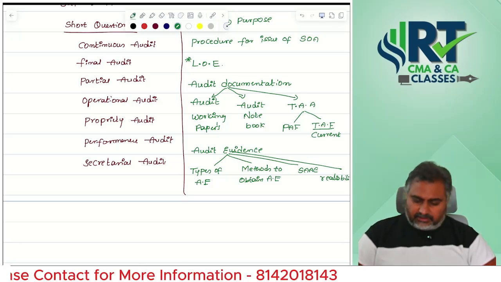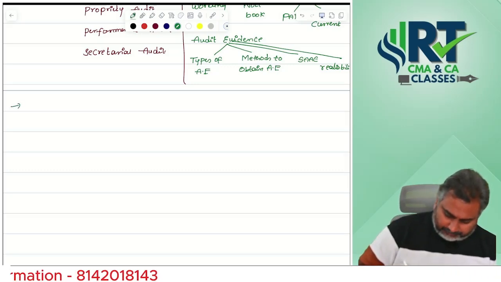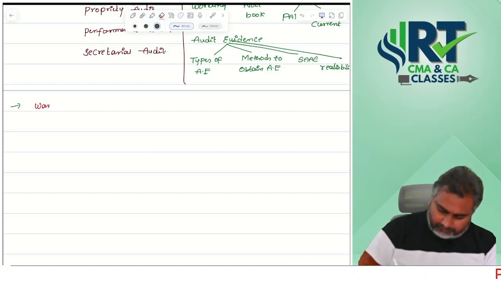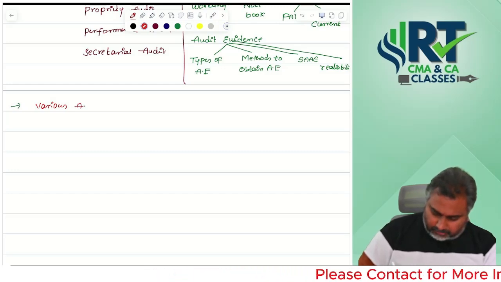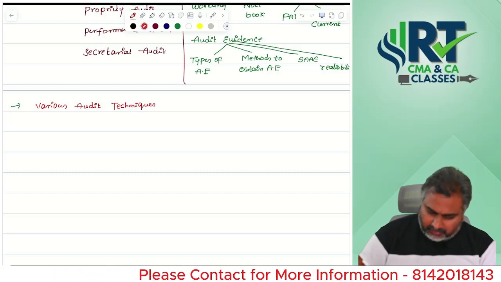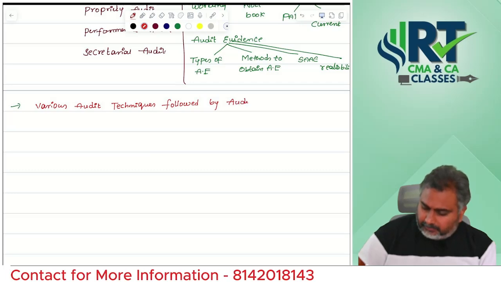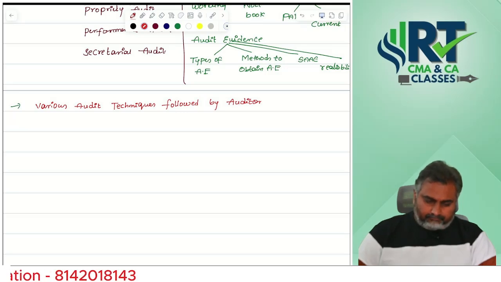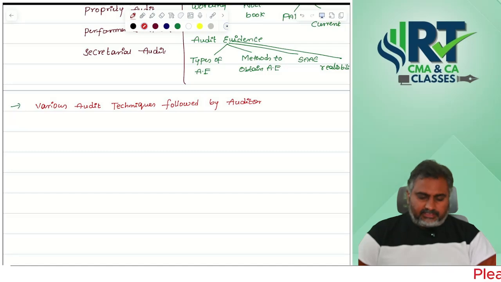In some situations people may use another question also, so concentrate on this question: various audit techniques followed by the auditor, like test checking, routine checking, audit in depth.